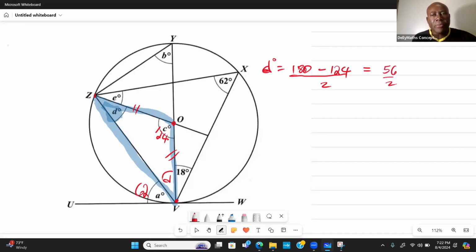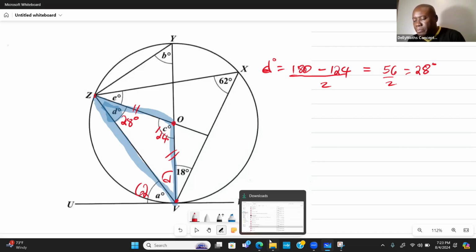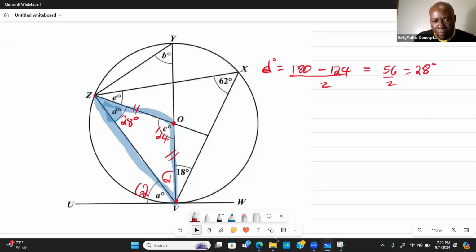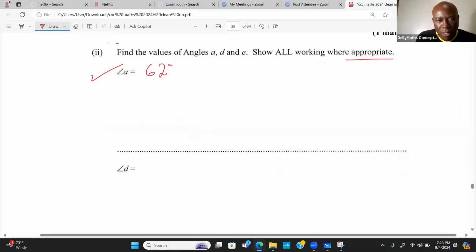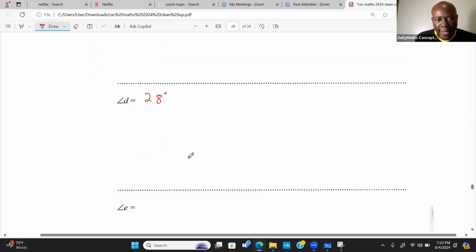So that's 56 right there. And then 56 divided by 2, we're going to have 28 degrees. So this right here is 28 degrees, and D is actually 28 degrees. All right, let's continue going.